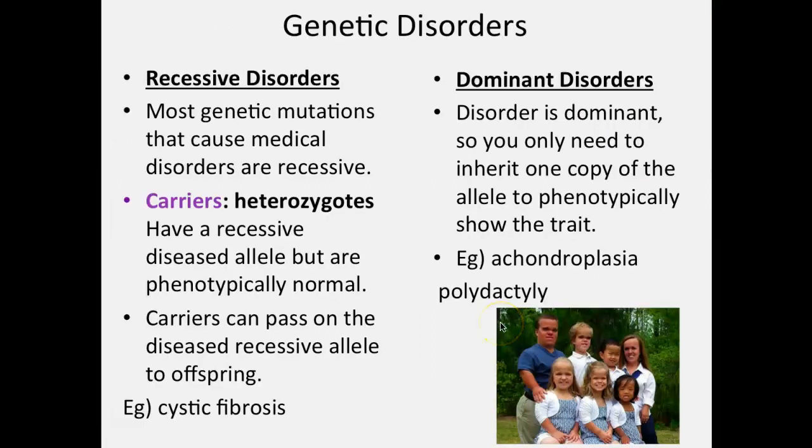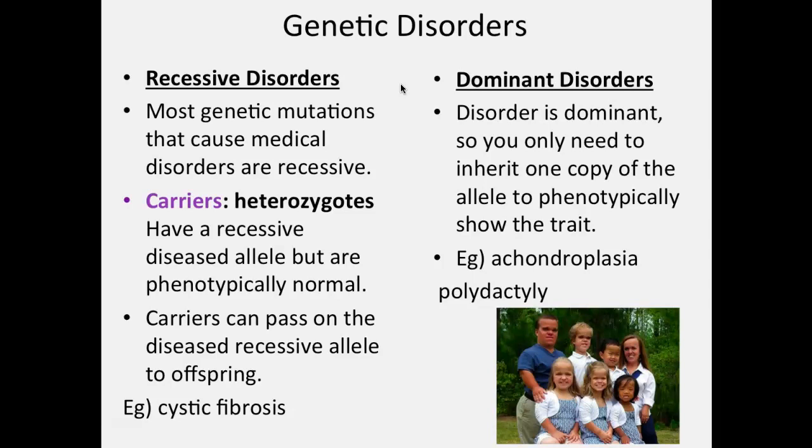Let's talk about genetic disorders real quick. So there are all kinds of genetic disorders out there. Some of them are recessive disorders and some of them are dominant disorders. Recessive disorders are the most common because what usually happens in nature is that there's this dominant allele that works, right? It allows the organism to survive because it's functional. And that tends to be the dominance, or what we call wild type.